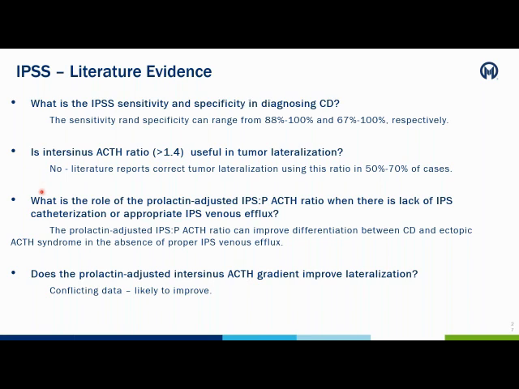There are some studies and conflicting data in the literature using the prolactin-adjusted IPS versus periphery ratio to try to improve the lateralization, but we ultimately have to use the combination of the venous anatomy, imaging findings, and absolute numbers on the IPSS.